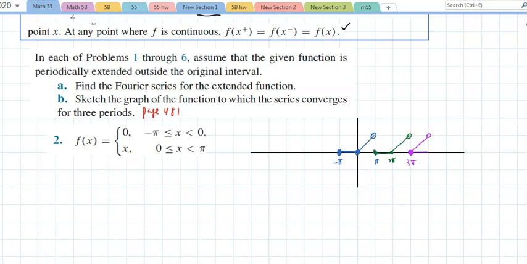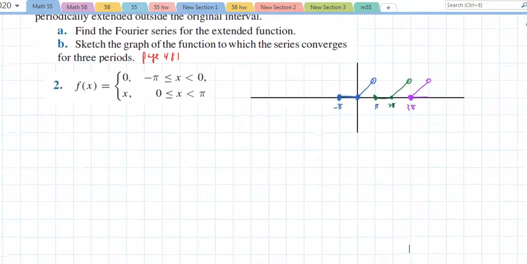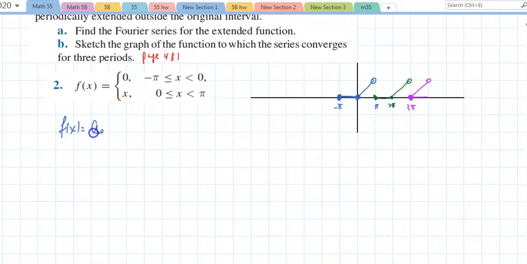Now, the solution to this, the traditional, in this case, we're getting more specific. F of x is a sub 0 over 2 plus the series n equal 1 to infinity. You could use m, of course, of a sub n, the cosine of n pi over L x, plus b sub n, the sine of n pi over L x.